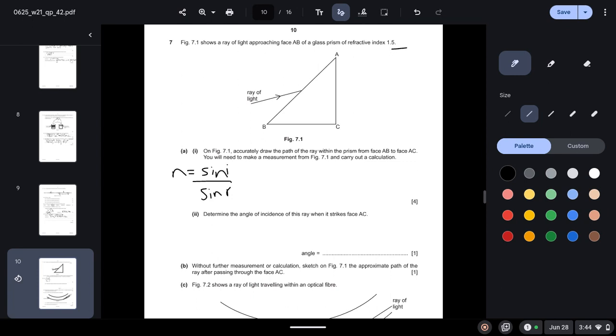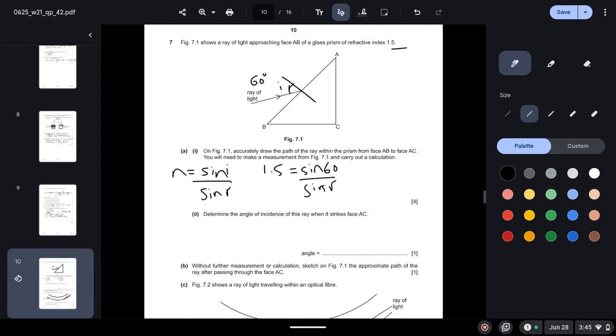The first thing you have to do is make a normal and measure this angle. This would be your incident angle, and using a protractor, when you measure this, it should be 60 degrees. You are given the refractive index and you also know the incident angle, so you can calculate the refracted angle. So 1.5 equals sine 60 over sine r.